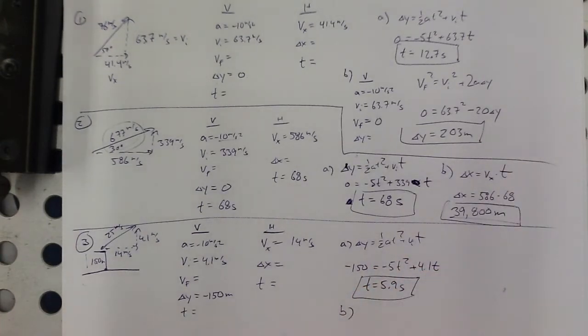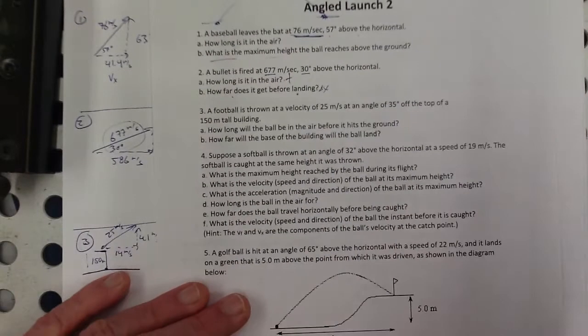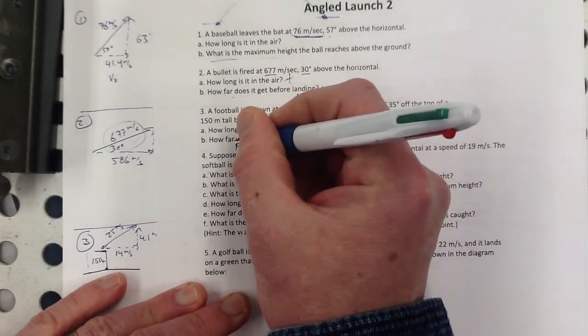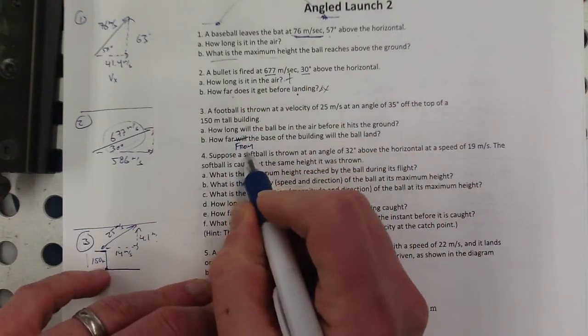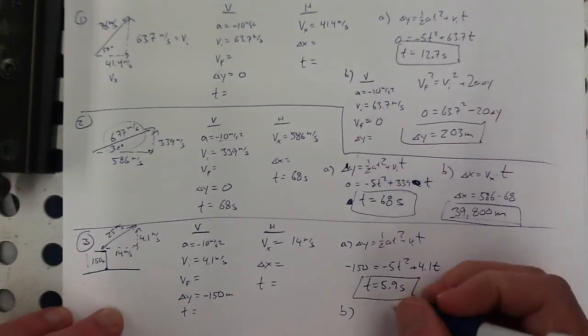Part B, how far from the base of the building will the ball land? Sorry about that. I know how to English sometimes. How far from the base of the building will the ball land? That's what that's supposed to say.